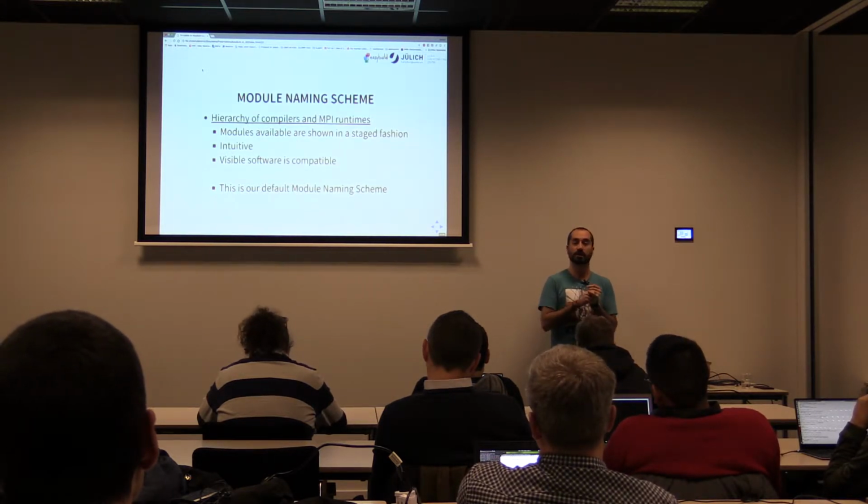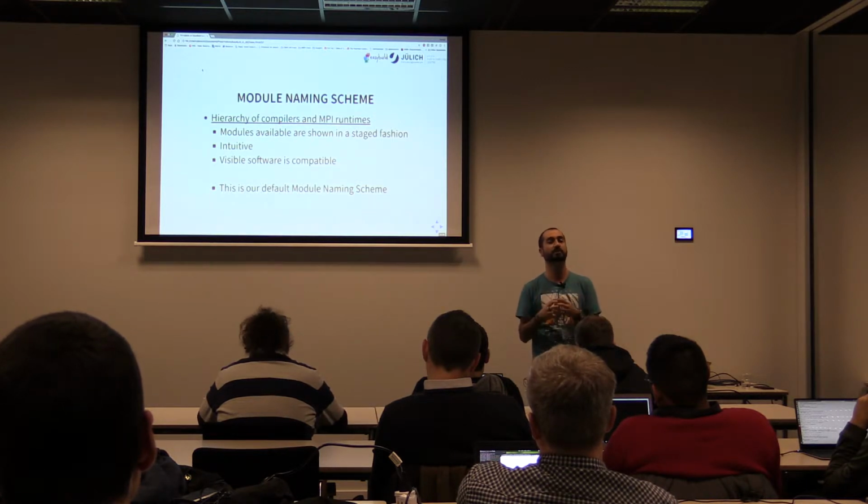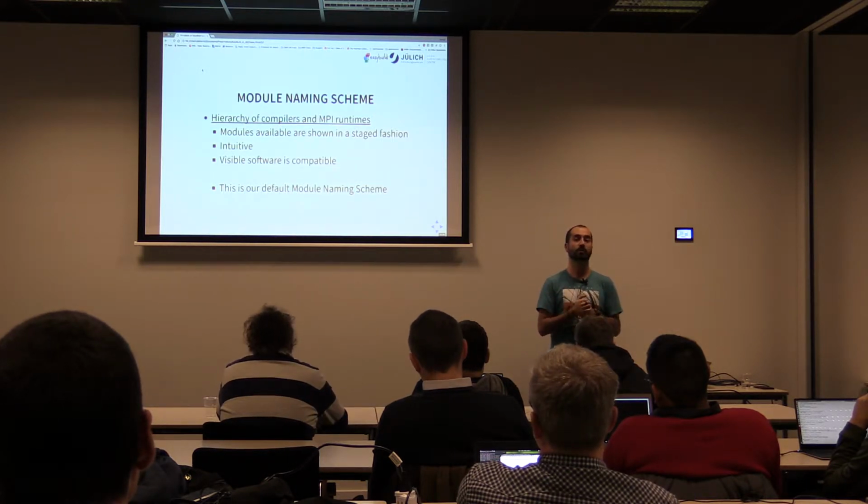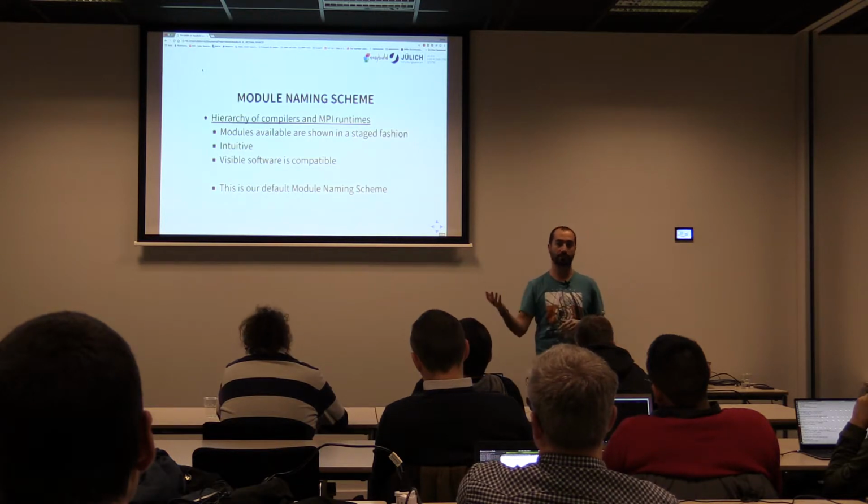So what that means is that it's more or less intuitive, except for the users that are not really into HPC. They just want to use whatever software. You know, why should I use this compiler? Why should I use this other compiler?